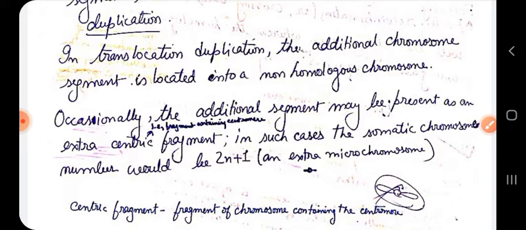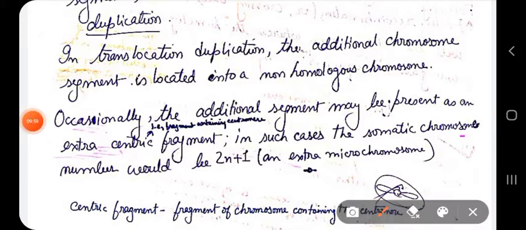Okay, and in such cases the somatic chromosome number will be 2n plus 1, just like you see in aneuploid condition, where a change in the chromosome number occurs, either addition of a chromosome or loss of a chromosome from the sets of chromosomes.